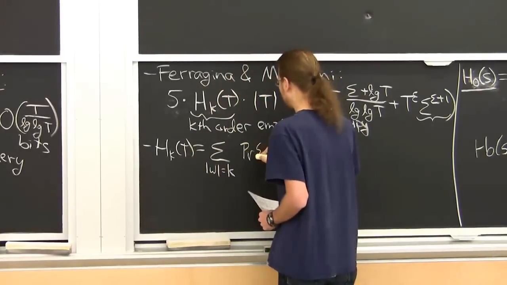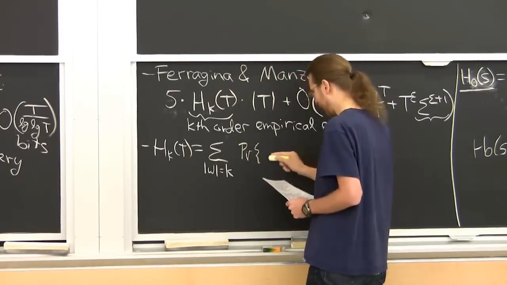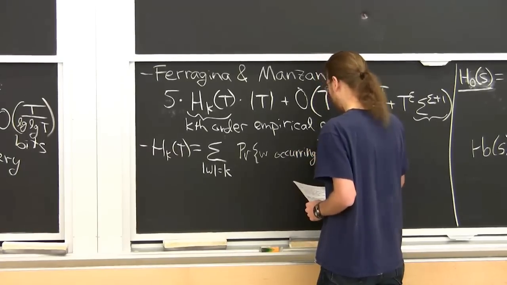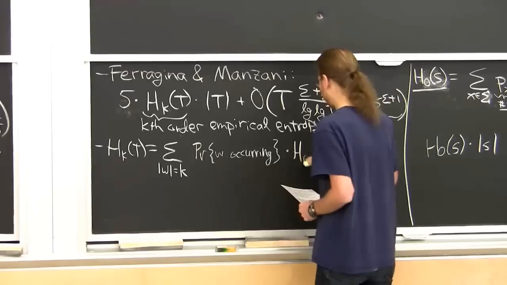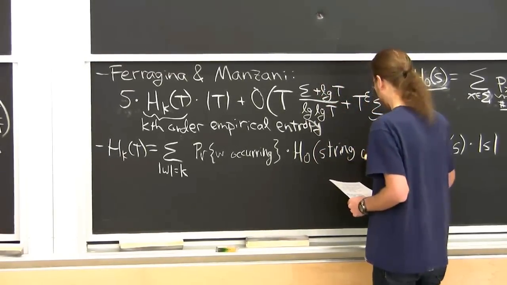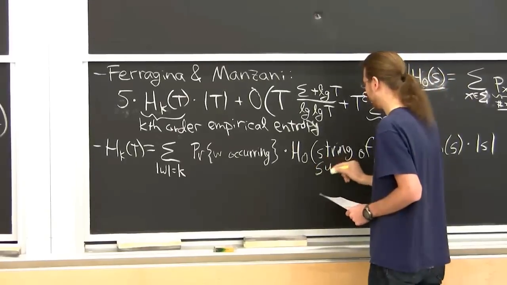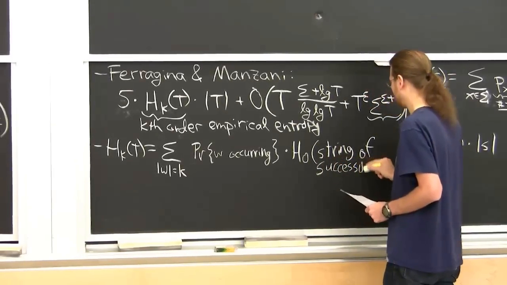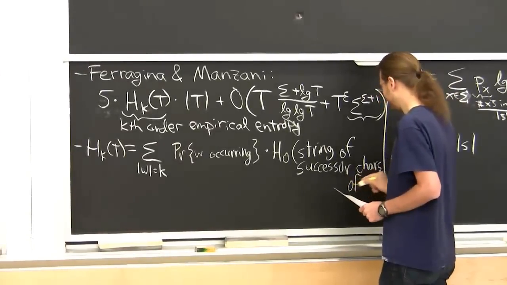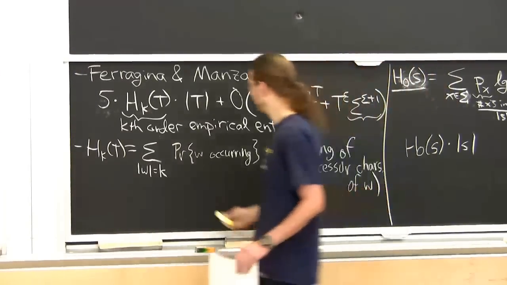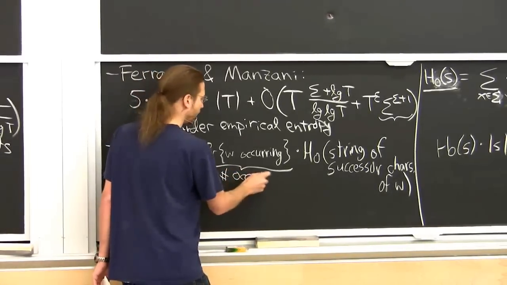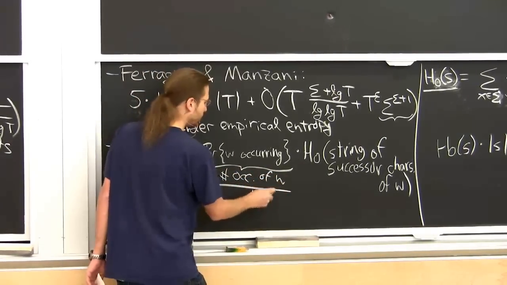The probability, or empirical probability, of w occurring, times the zeroth order entropy of the string of successor characters of w. Okay, so again, the empirical probability of w occurring is the number of occurrences of w divided by t, basically.